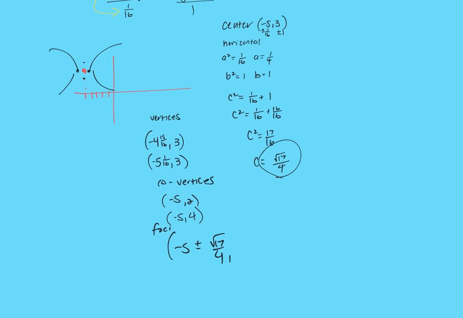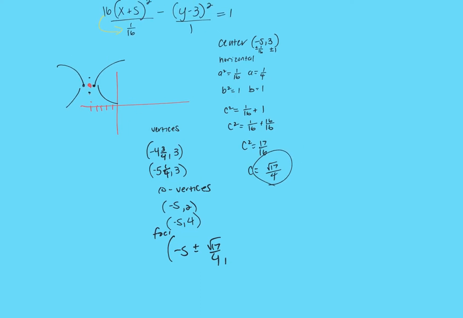Yes, 1/4, not 1/16. Okay. And then add and subtract square root 17 over 4, and so just from the x. So it would be like that.